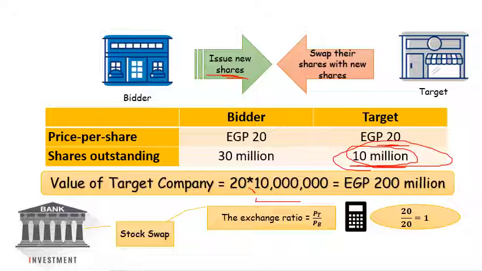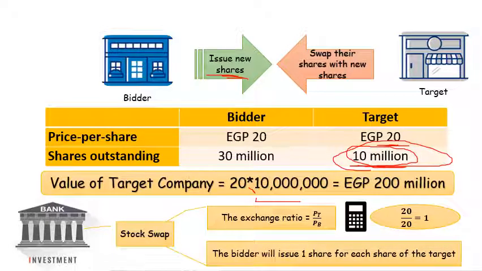So 20 over 20 equals 1. This means that the bidder company will issue 1 share for each share of the target. In other words, the shareholders of the target company will give up their shares for the same number of shares issued by the bidder company or the acquiring company.